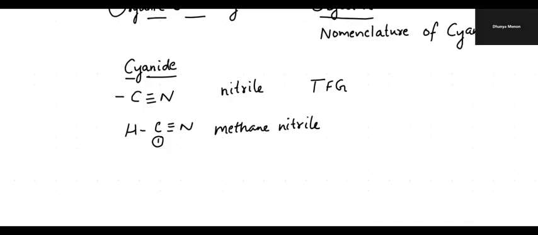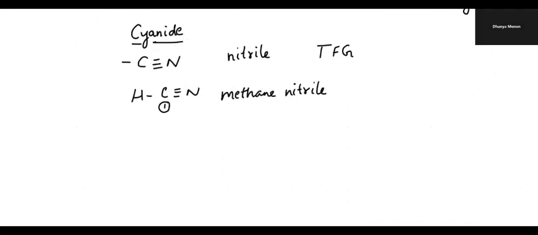Now, if you have this compound, the carbon atom that has the functional group is given number 1, and there's another carbon atom, so number 2. Two carbon atoms means ethane, nitrile.